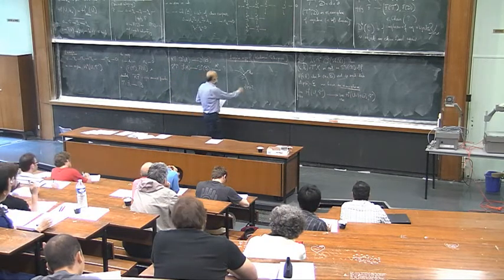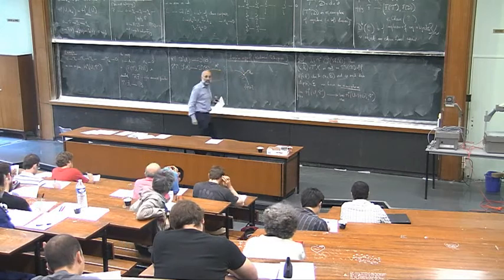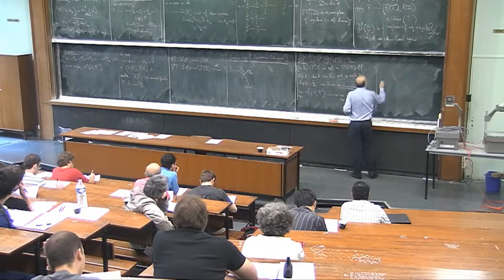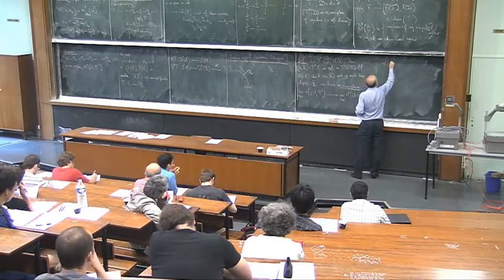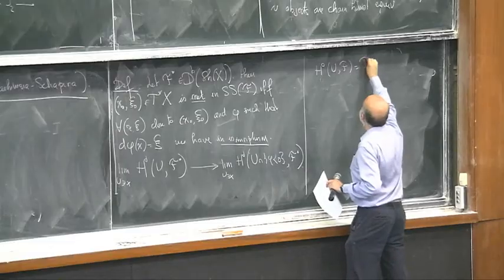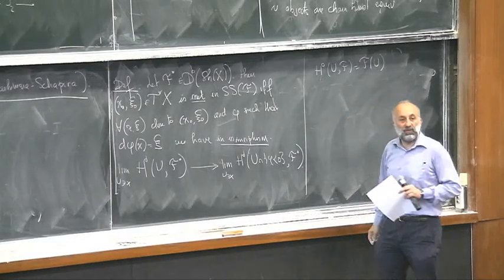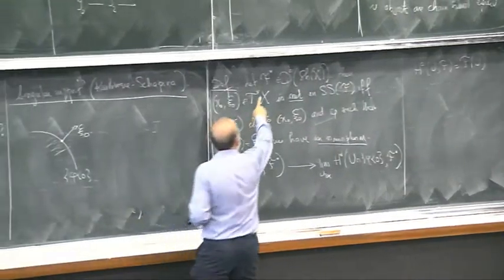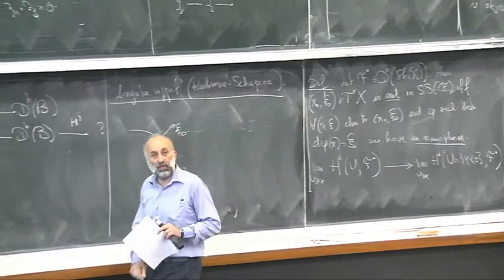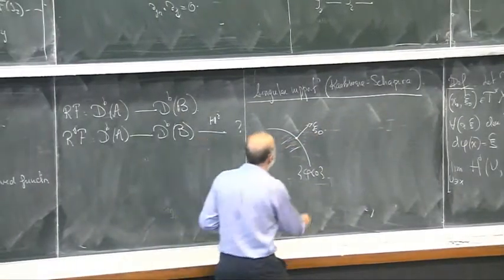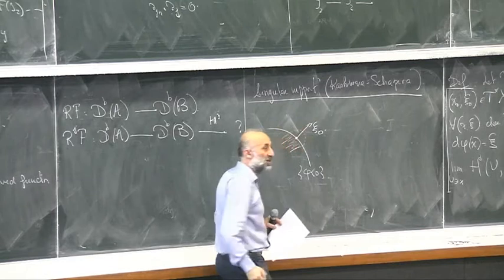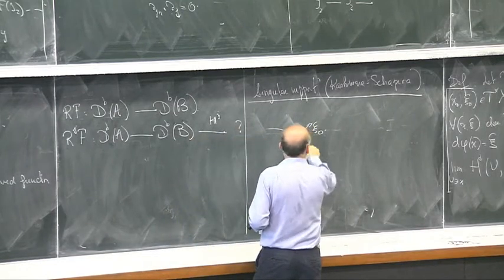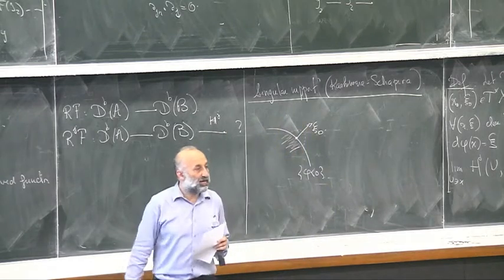But the idea is that now if I'm moving here, okay, well, why is it connected to this set? Well, remember that H0 of U and F is just F of U. So in particular, if this is just a single sheaf, what this tells you is that if you have a section which is defined here, in a sufficiently small neighborhood in phi negative, it's going to have a unique extension to a small neighborhood there.